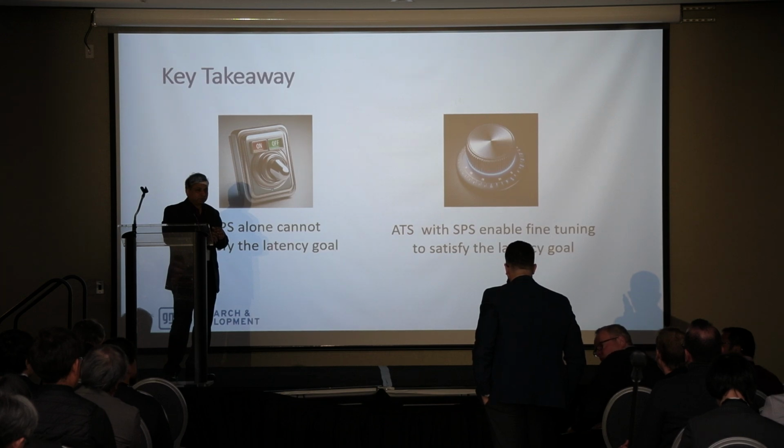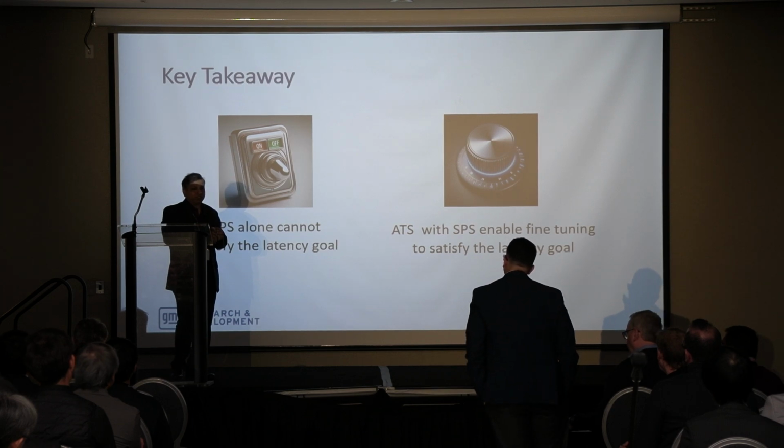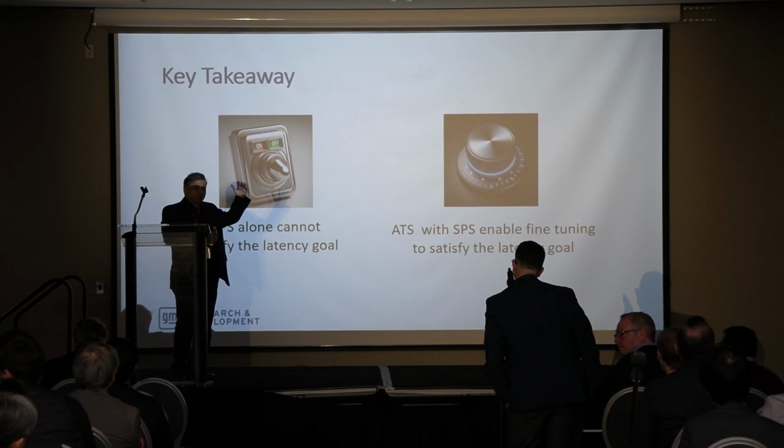Question I have: in your experiment, were your link speeds all consistent throughout the network, or did they vary? We did not actually change this, but we did a different link speed experiment.